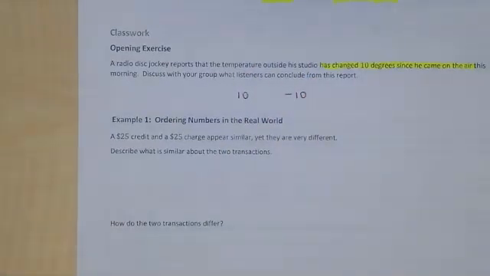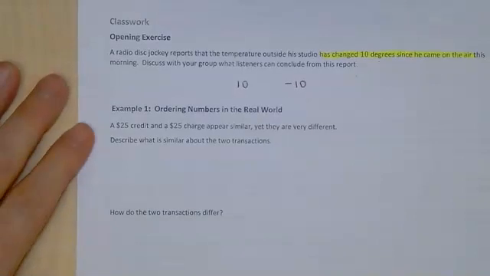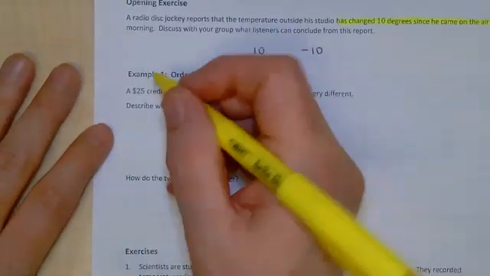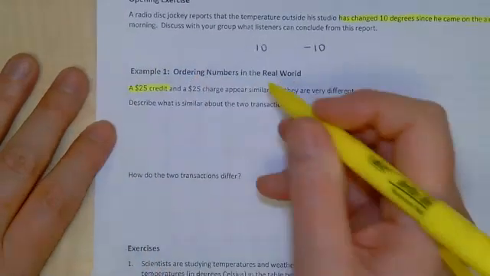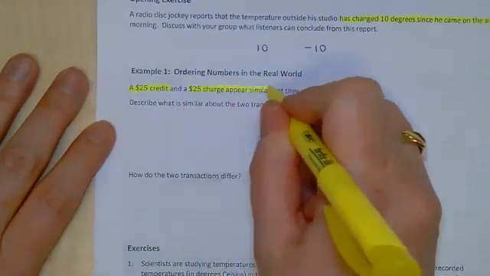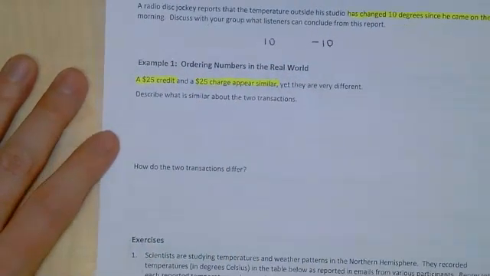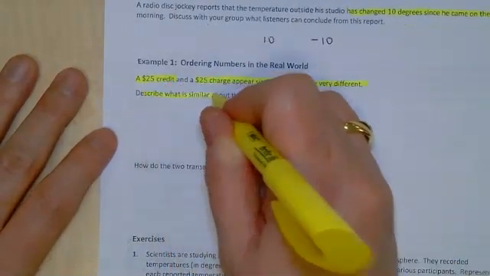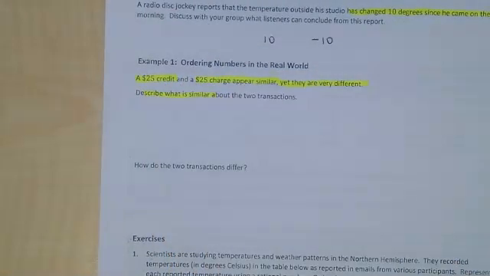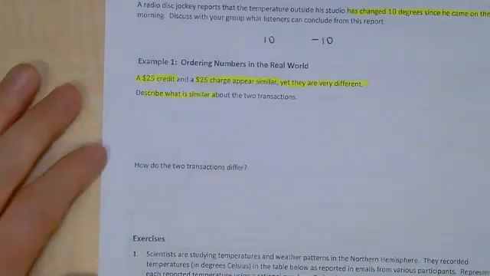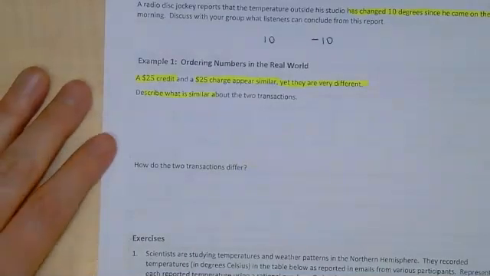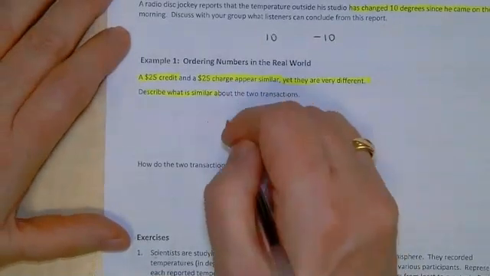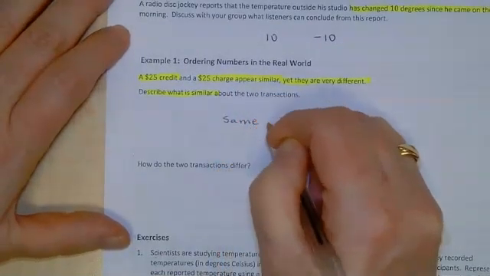Good job. Here's another real life example of a bank account. There's a $25 credit and a $25 charge. They seem to be similar, but they're actually quite different. What is similar about them? Riddick? They're both 25s, so they have the same magnitude.